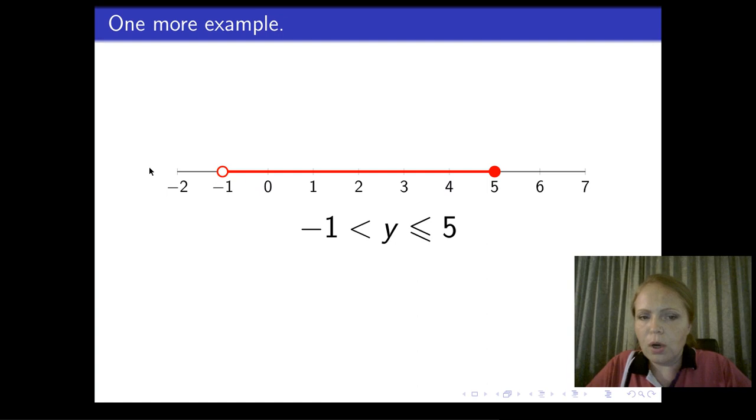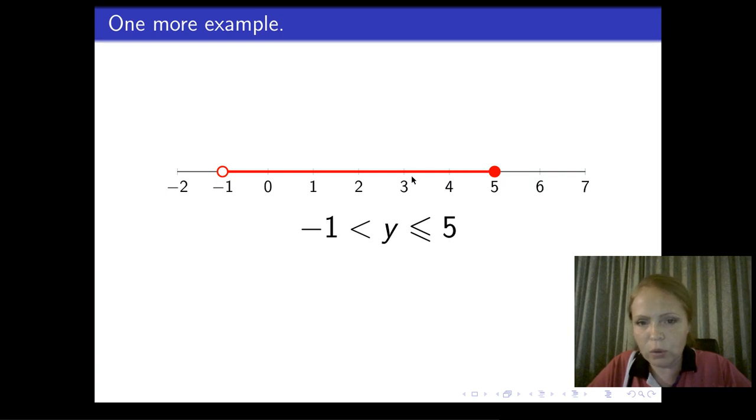On the number line, we have to find these two numbers. Here's -1 and here's number 5. And also we are given y is greater than -1 but not equal to -1. So we just show an open circle or empty dot. -1 is not a solution. But for number 5, y can be equal to number 5 or less than number 5.